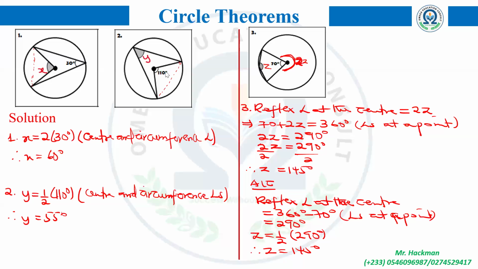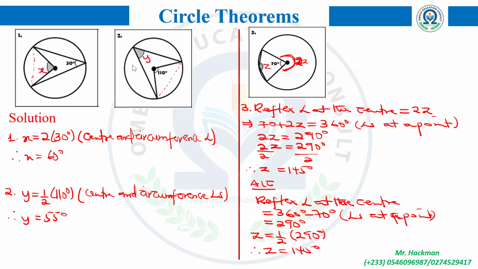Question 2, basically the same thing. If you look at this, the angle here at the center and the angle here at the circumference are subtended by the same arc or chord, each at the center and circumference. But we know, just as we said, the center angle should always be twice the circumference angle. This time around, we rather know the center angle. We don't know the circumference angle.